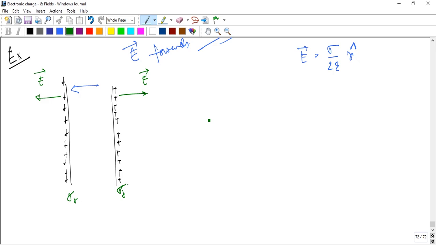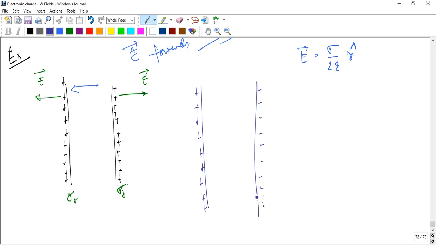And now consider the same two charged plates, where one plate contains positive charge and the other plate contains negative charge.